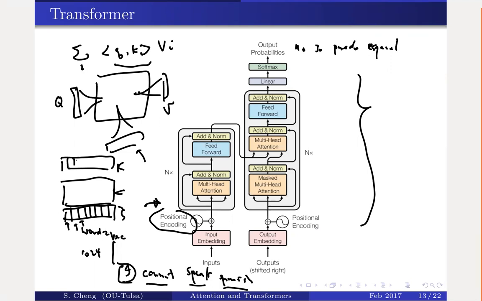The output here has more or less the same size, and each part is going to attend to each of these, and this one also will try to attend to everyone.